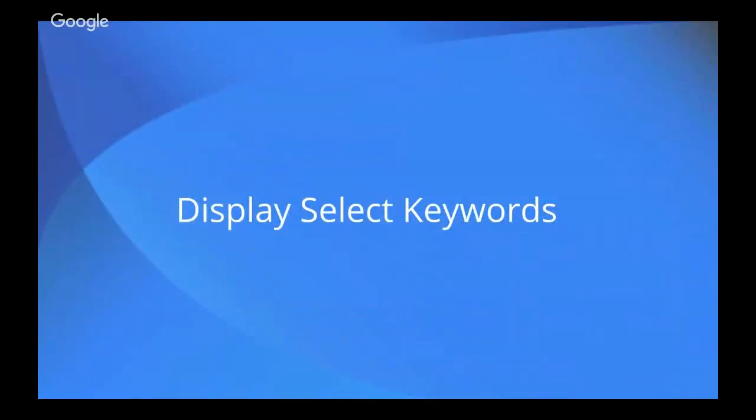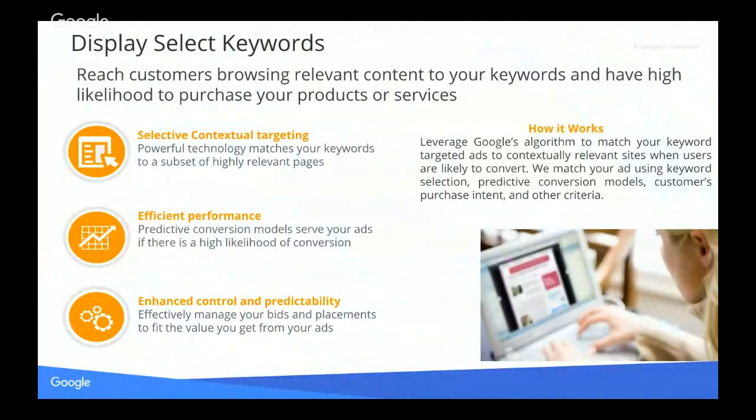As we discuss custom affinity segment, the second powerful display option is display select keywords. As you can see, you can reach your customers who are browsing relevant content to your keywords and have high likelihood to purchase your products or services. It could be done in the following ways.